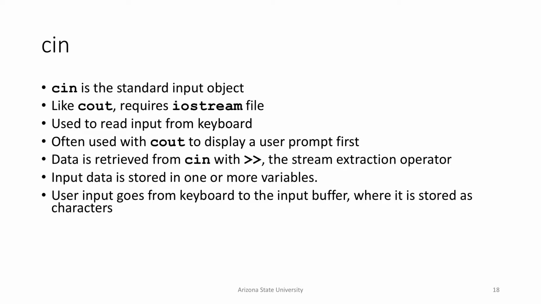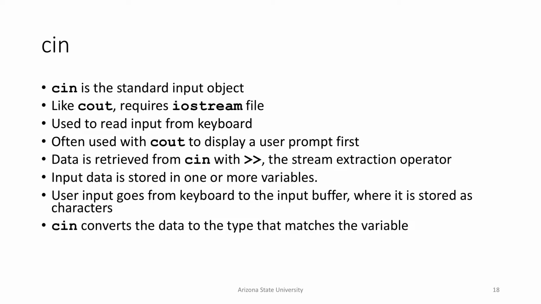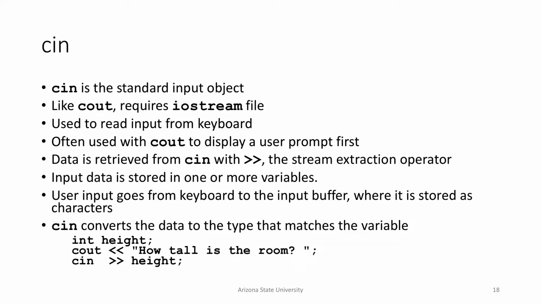So the cin object does some kind of conversion between these characters. Then it converts it to a number and does an assignment to the variable that we're cin-ing into. So it converts the data to the type that matches it. Here is another example. We declare a variable here, we print a prompt, and then cin does all the work for us.